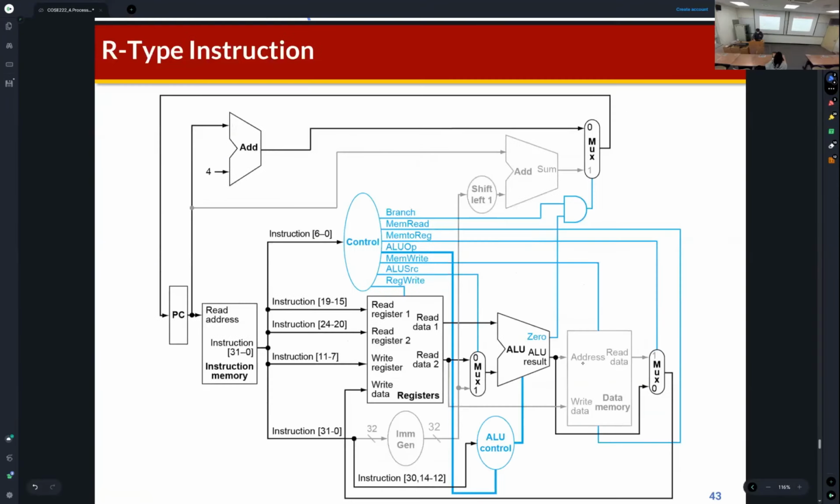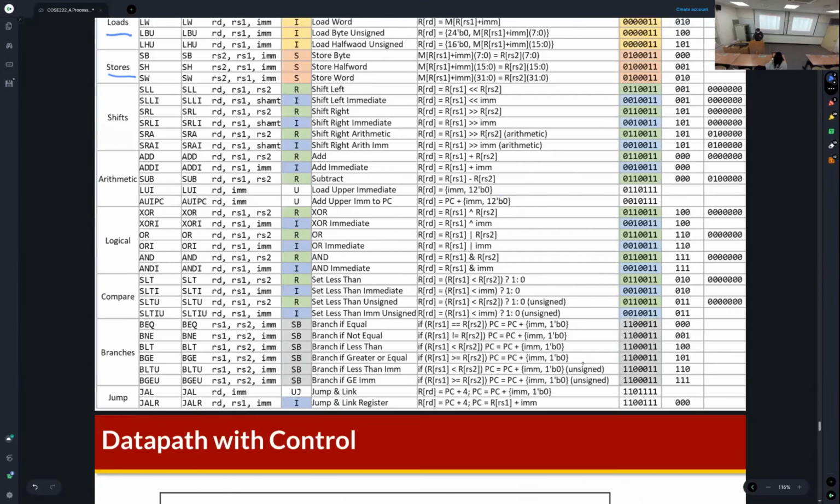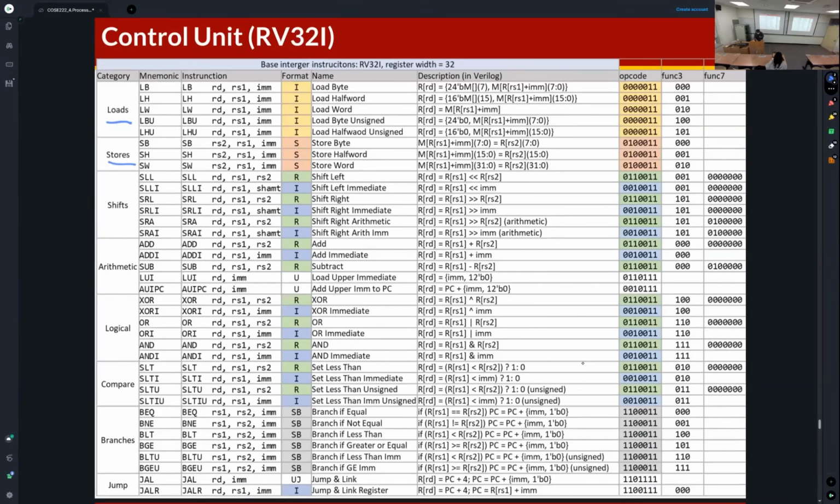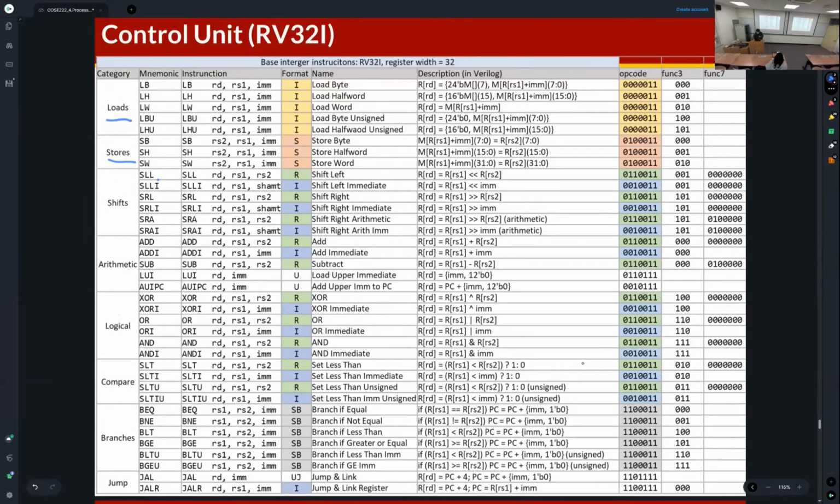It is because if we see this table, many arithmetic and logical instructions have the same OP code field. The instruction is determined by the function 3 and function 7 fields for the R type instruction.